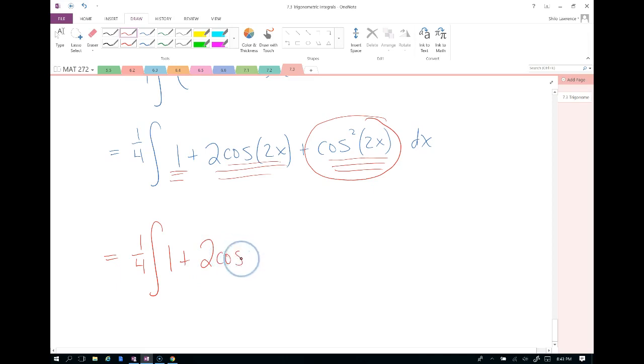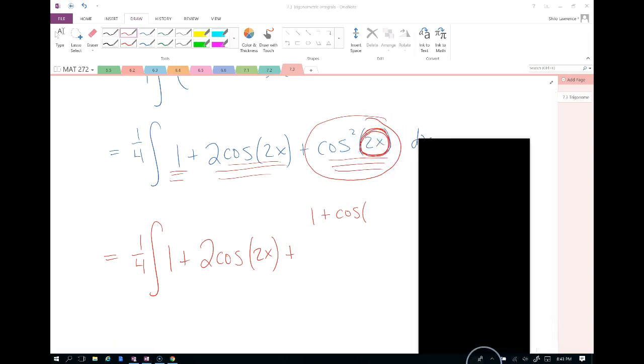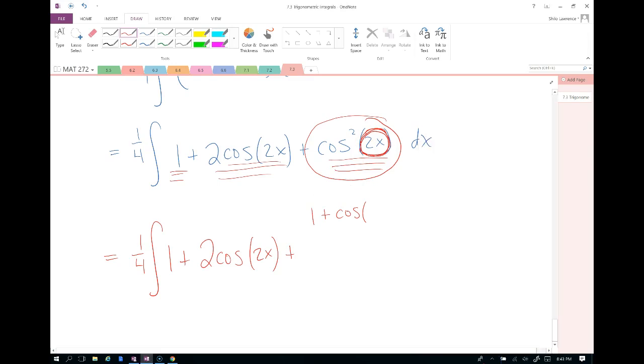I'm going to leave everything else alone, and I'm going to say cosine squared is 1 plus cosine of, now remember the angle doubles. Here it was 2x, so if I'm going to apply my power reducing formula again, it's going to jump to 4x.